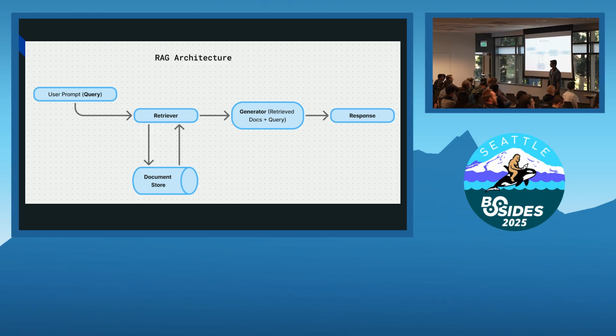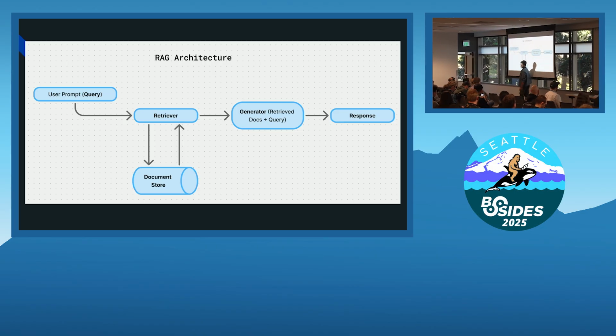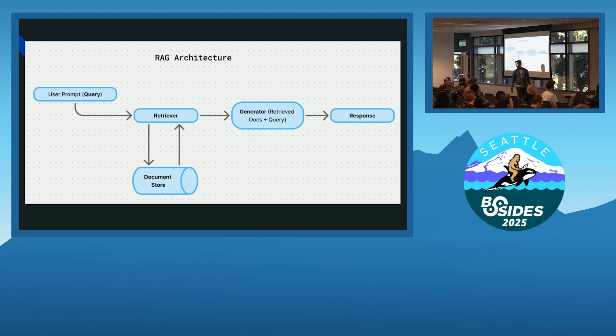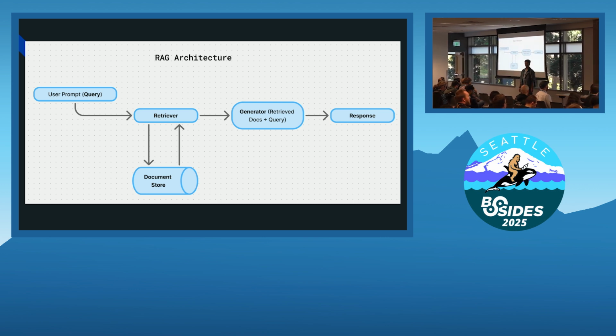Even the generator. Yeah. The language model itself or the generator logic, as I call it here, because it's not only the language model, but also the retrieved docs from the retriever and the query that the end user has provided, right? There's one more thing left.